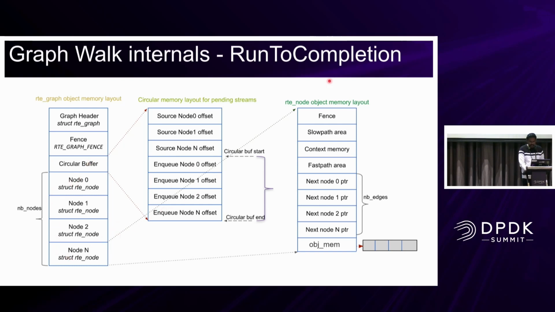If you zoom into one node, again there is a fence to detect memory corruption, and the slow path area. Context memory, we talked about the 16-byte area that is specific to the node, and the fast path area, which has the ops like process, init, and others, and a set of downstream node pointers, with the number of edges. Then the most important thing is the object memory.